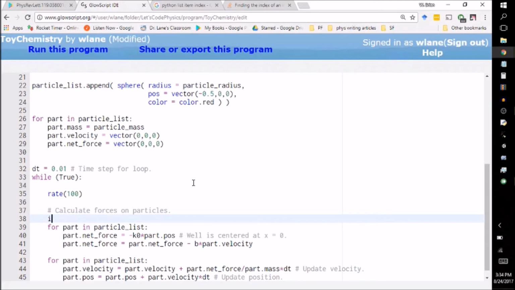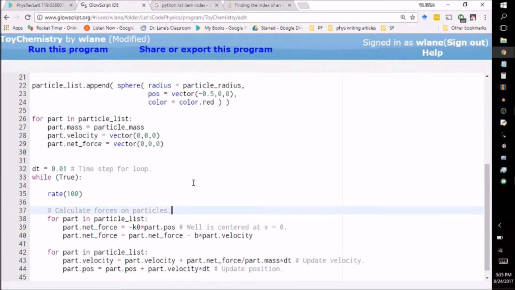So let's say this is I of particle is equal to 0, and then I guess I can do for I particle in range 0 to length of particle list.